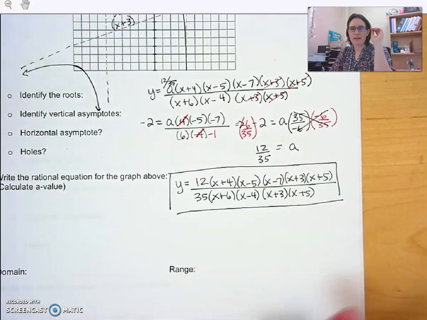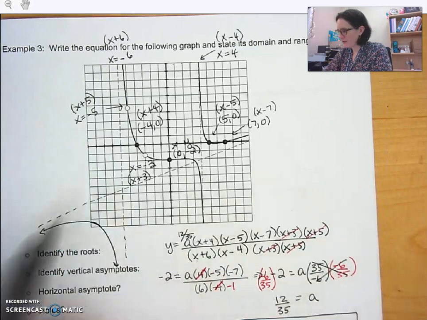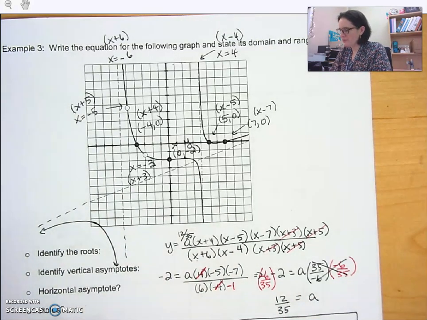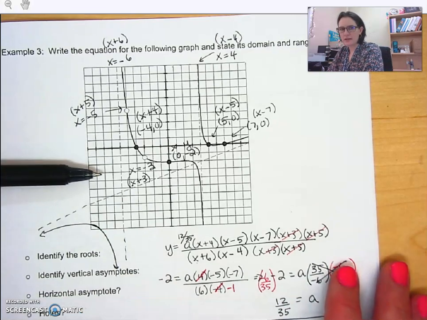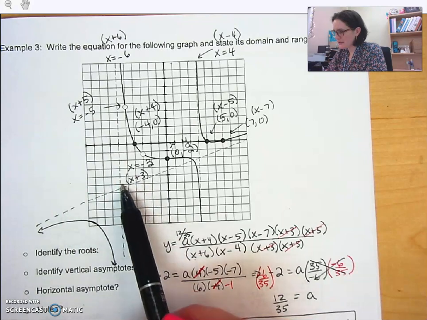All right, and now let's talk about the domain and the range. So coming in from -infinity, I have this portion of the graph for those x values getting me to this first asymptote. So I have a break at -6.